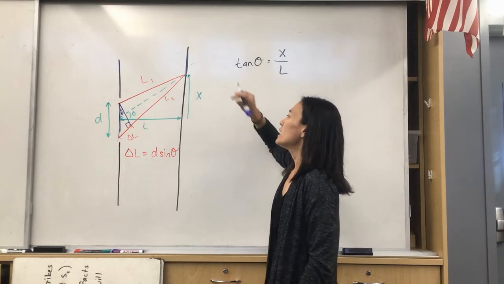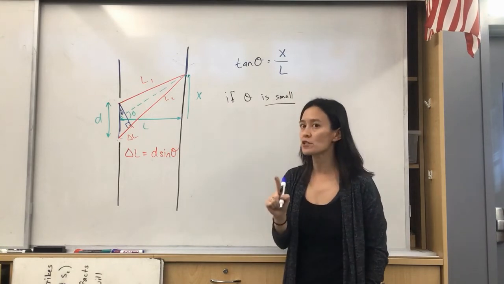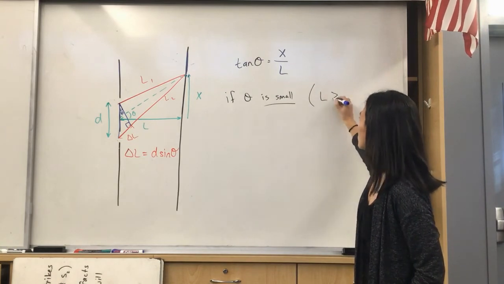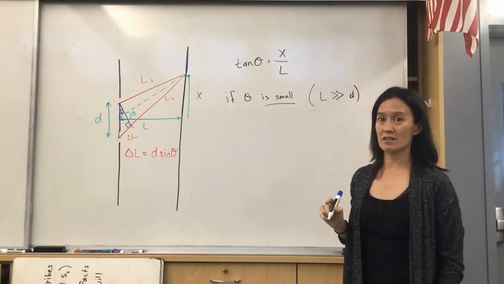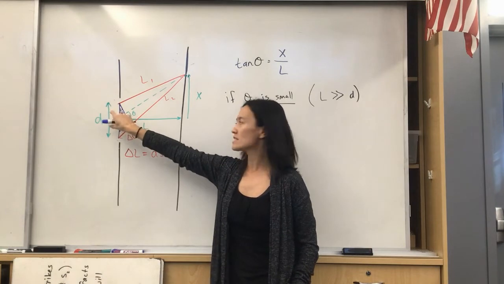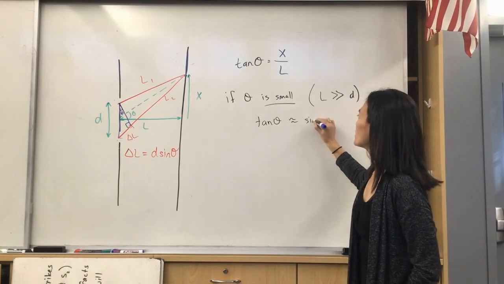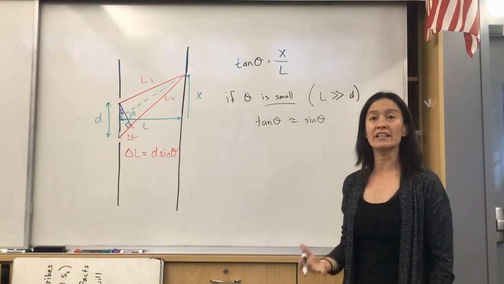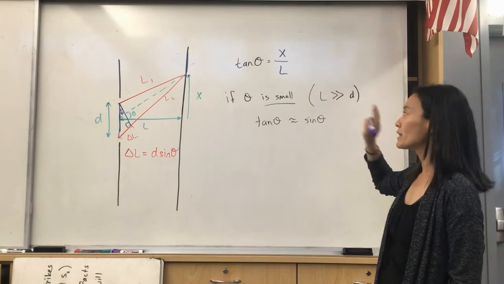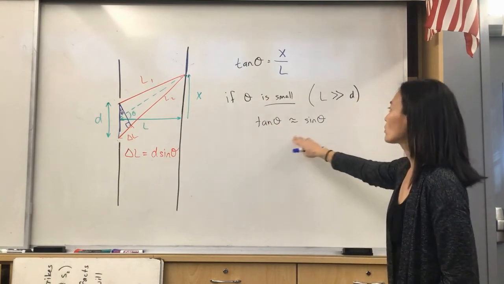Now here's the thing, that's the caveat: if theta is small, and the only way theta is going to be small is if my length L is much, much bigger than my distance d, the distance between my slits, then the tangent of theta is approximately equal to the sine of theta. Mathematically this is true. If my length is really big in comparison to my distance, it makes my theta really small. And if my theta is really small, these two are equivalent.